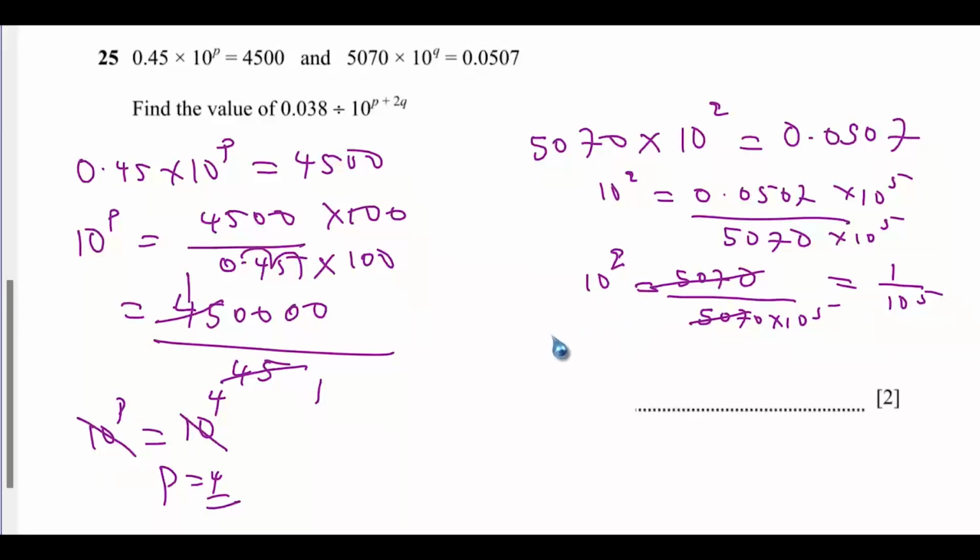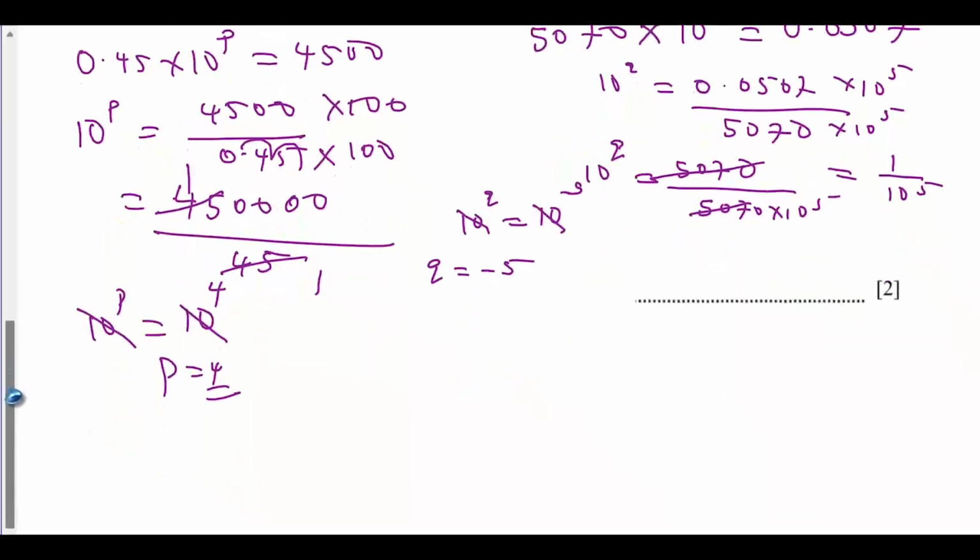Okay, so which you can also write as this. 10 to the power of q is now equals to 1 over 10 to the power of 5, which is same thing as 10 to the power of negative 5 when you write it as negative index. So 10 will cancel 10 here. This is initial equation again, equation of indices. So that means we have q to be equals to negative 5.